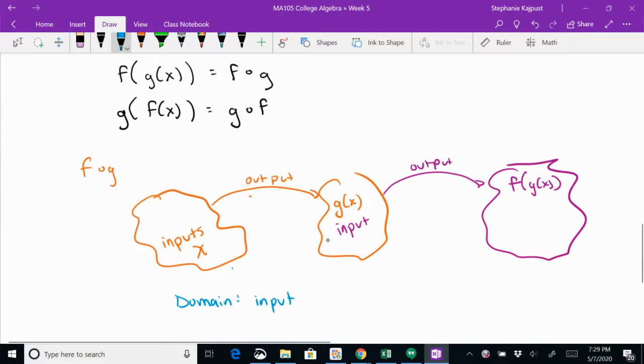We need to think about the original inputs x, but then we also need to think about what we're plugging into f, which is now our outputs, g of x. They both matter, because some numbers I can plug into the first part, but maybe I won't be able to plug into the second part.